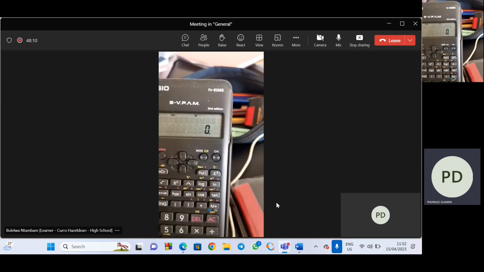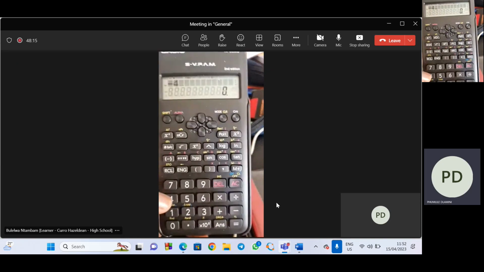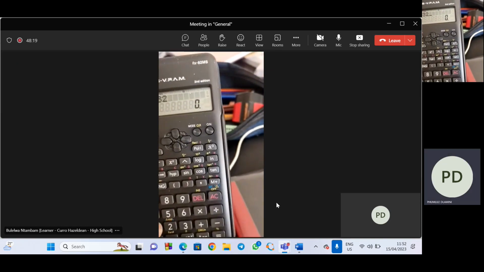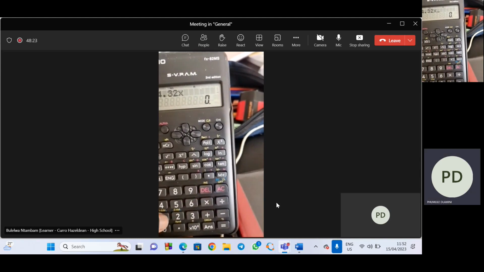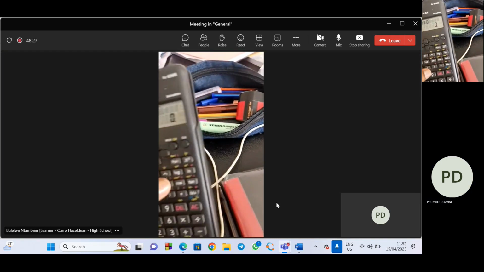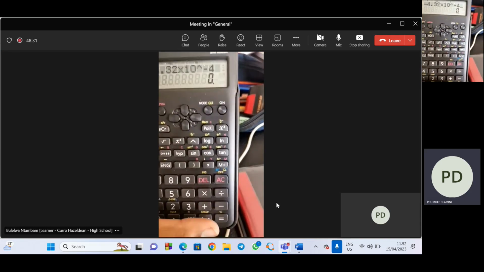Then type this answer, negative 4.32 multiply by 10 to the power negative 4. Negative 4, you remember you used which one? Negative 4, and equal sign.